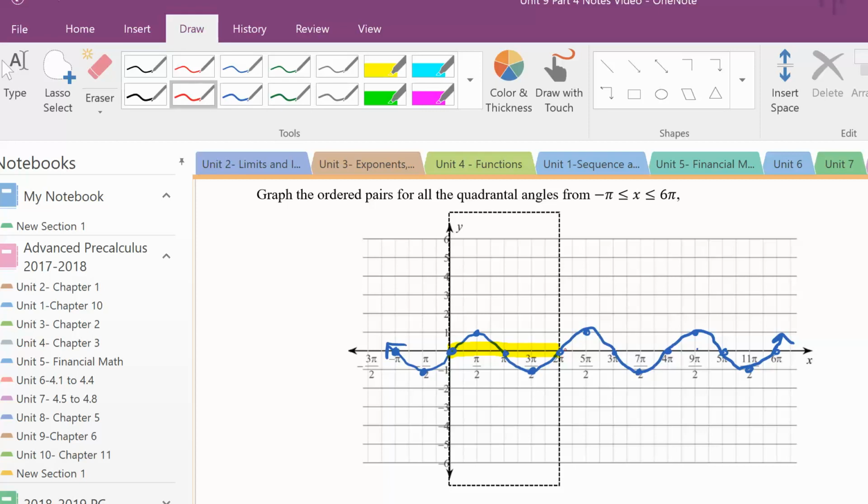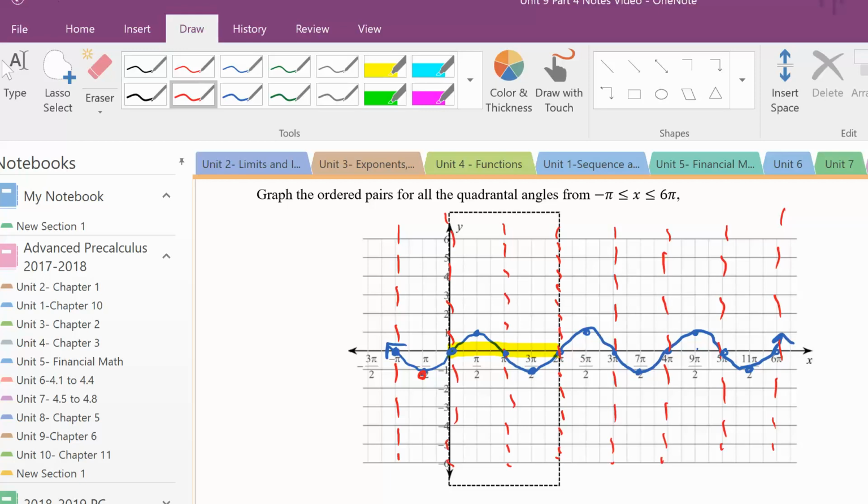Now everywhere the sine is 0, that means the reciprocal of 0 would be undefined and you would have a vertical asymptote. So everywhere the sine is equal to 0, the cosecant would be undefined. So notice all the asymptotes.